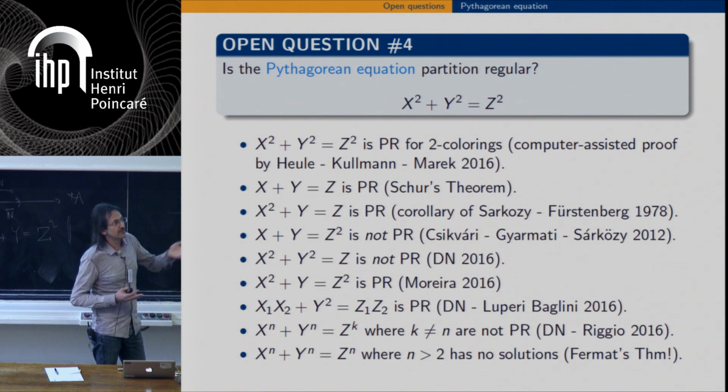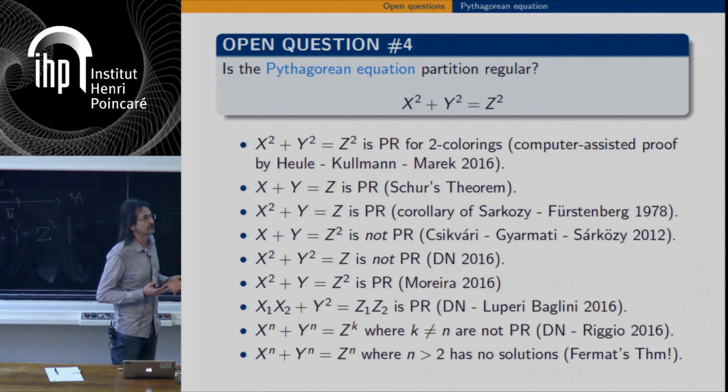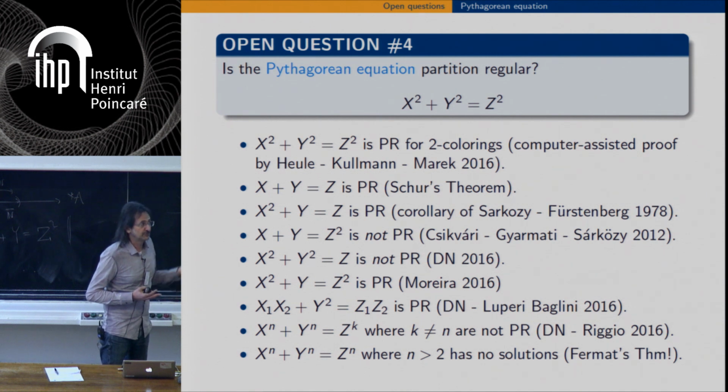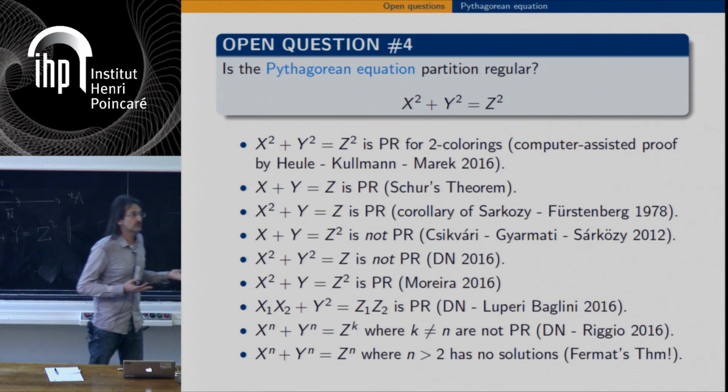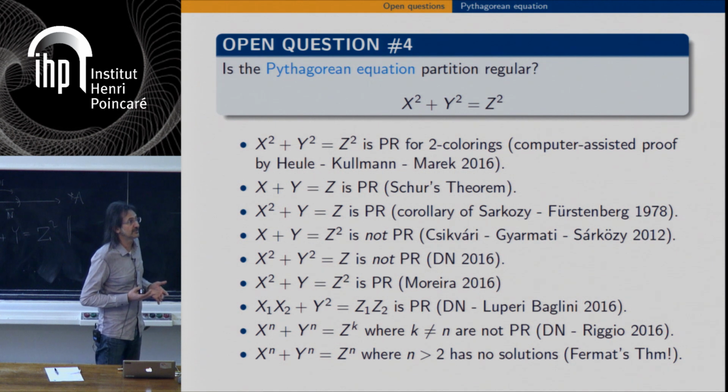And as you see, we know that x plus y equals z is partition regular. x squared plus y equals z is partition regular because of results by Sarkozy and Fürstenberg. x plus y equals z squared is not partition regular. x squared plus y squared equals z is not. I showed you before a short proof of that.